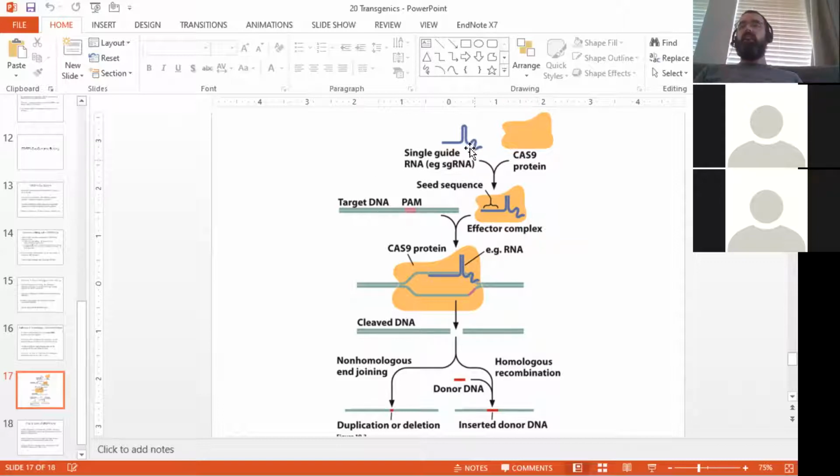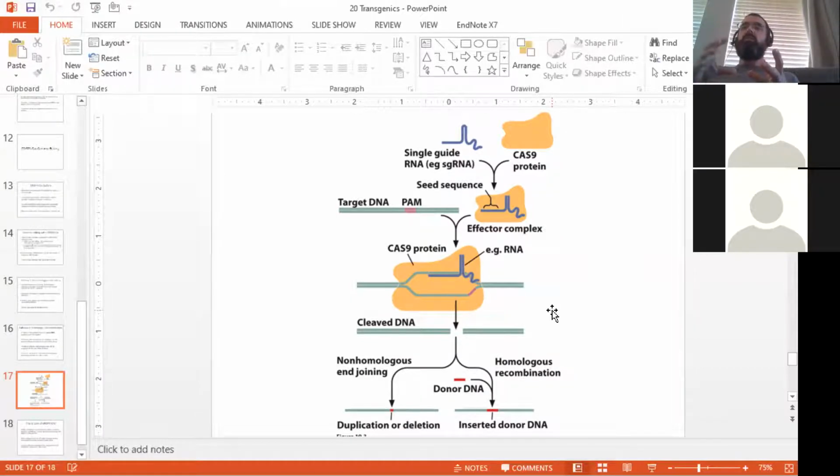Then with that guide RNA there has to be a PAM, and this is like a frequently occurring sequence. It just needs to be nearby, essentially. That guide RNA and the Cas9 protein form a complex, right, called the effector complex.